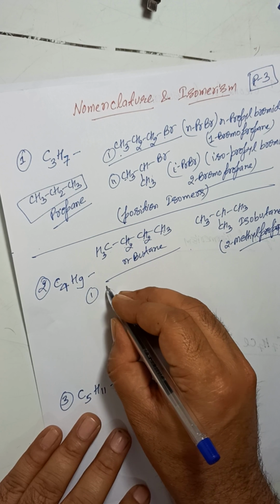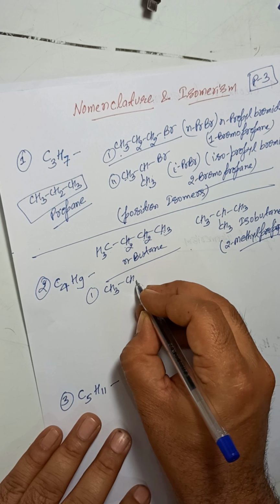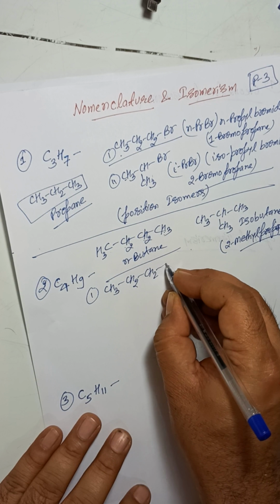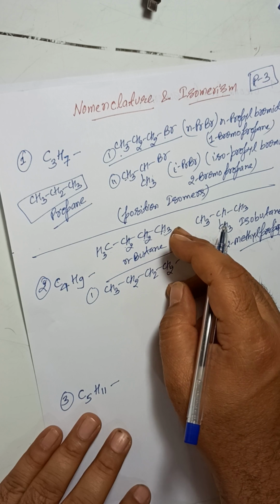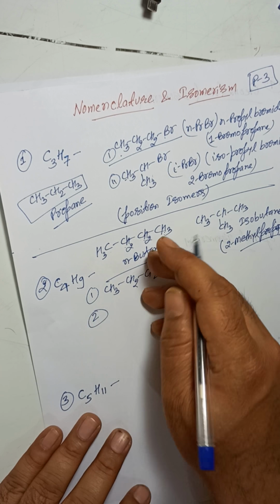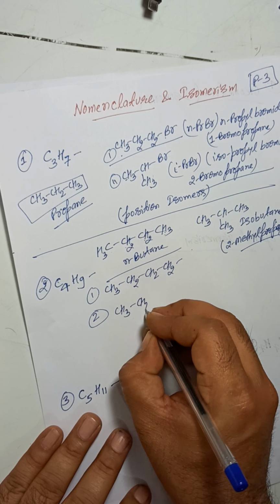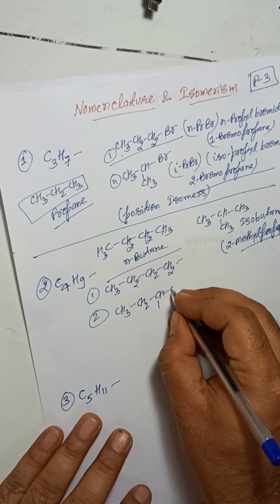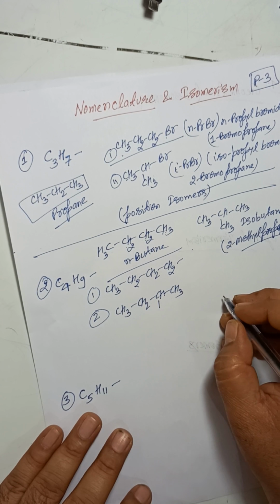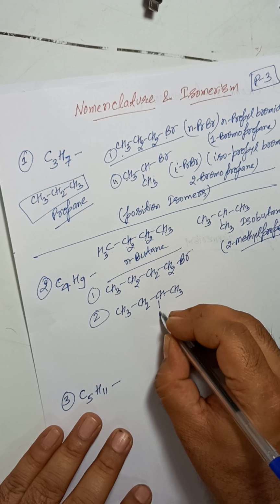So the first isomer we can do from here. The second hydrogen we can remove from here or here. CH3, CH2, CH. Let's put Br here.